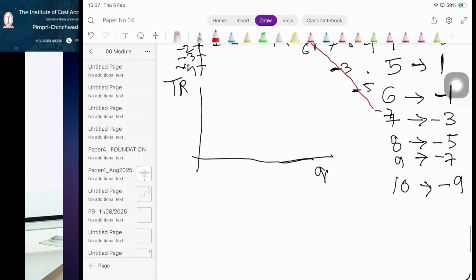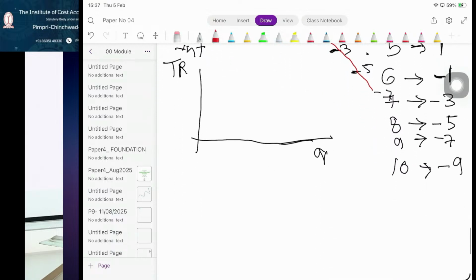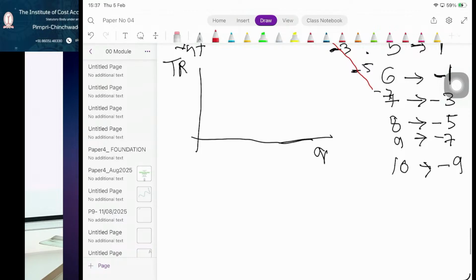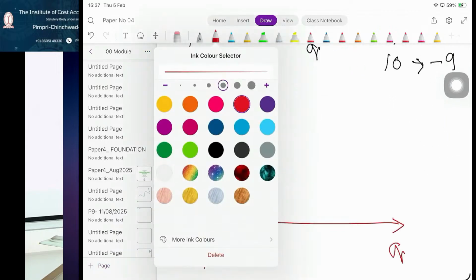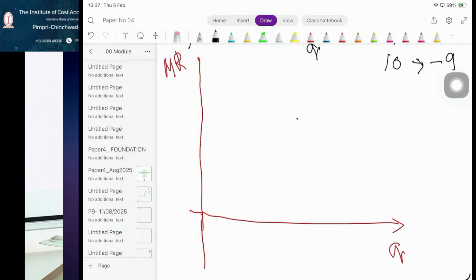It will be something like this, the marginal revenue curve, marginal revenue against Q. You will get a downward sloping curve like this.